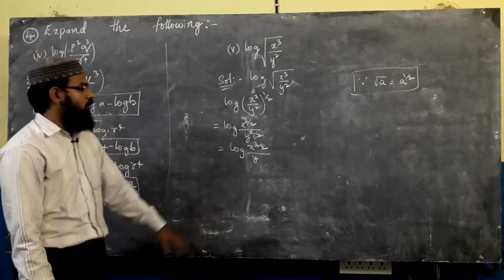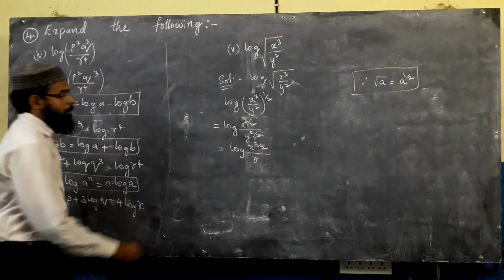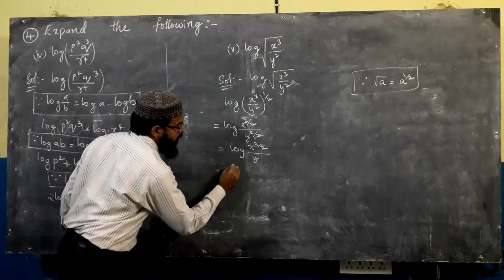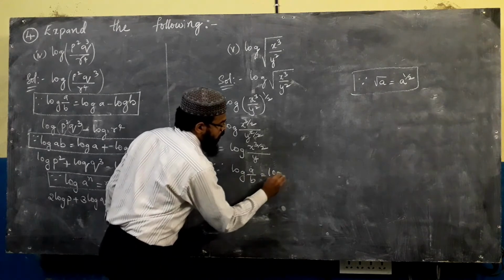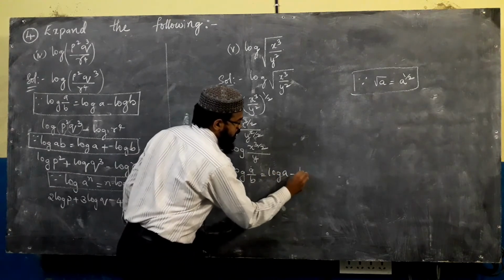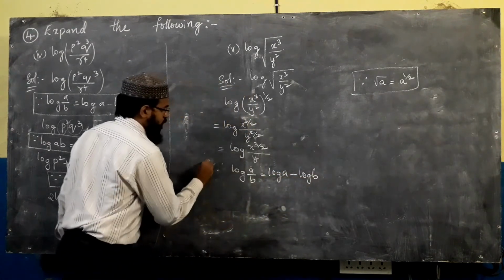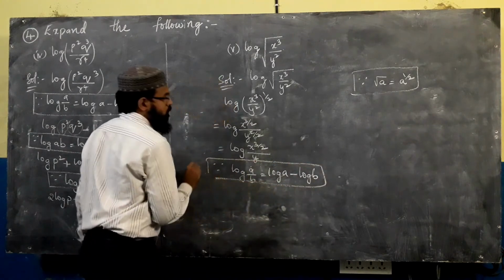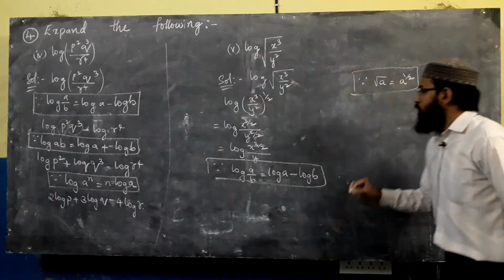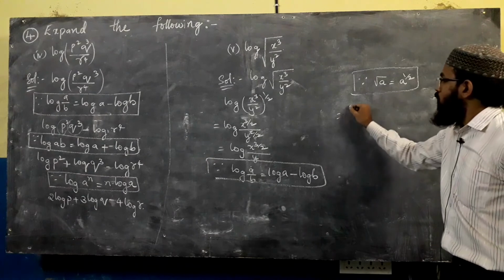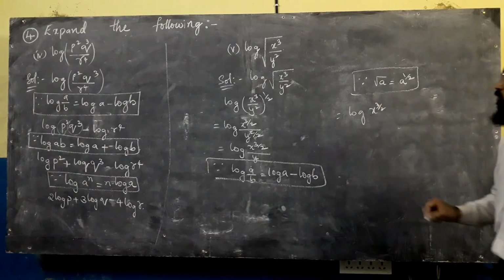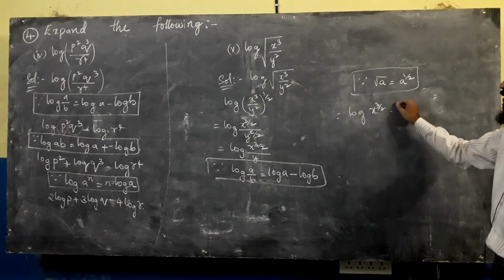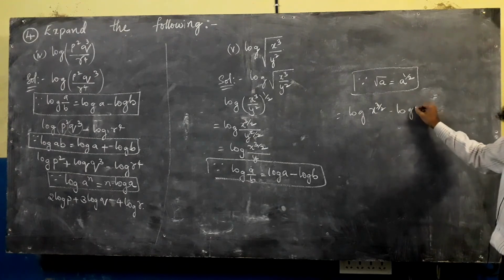Now it is in the formula log a by b. Since we know that log a by b is equals to log a minus log b, we can write log x to the power of 3 by 2 minus log y.